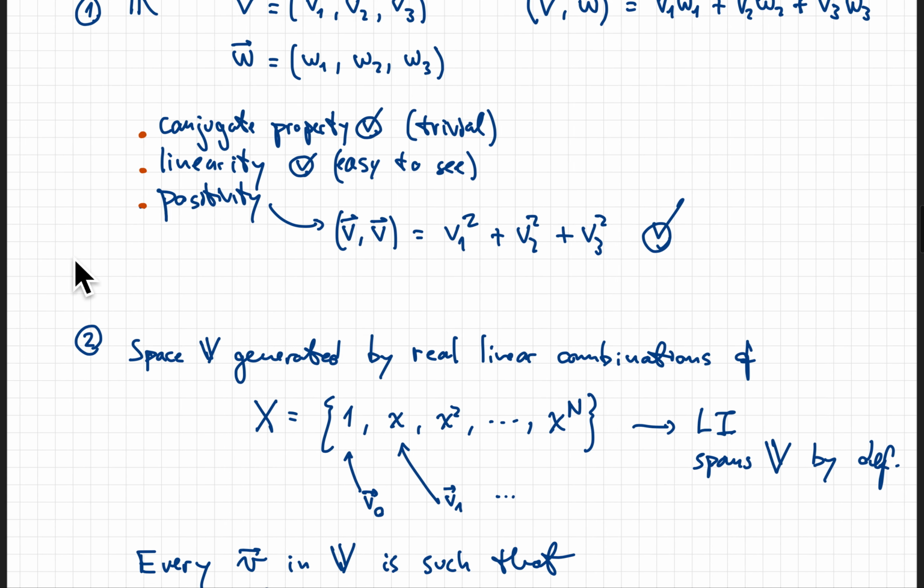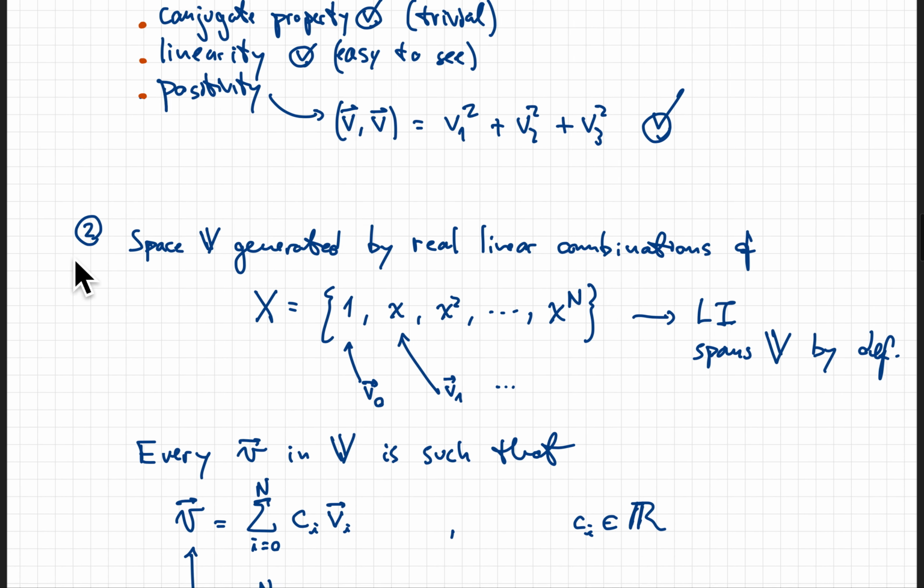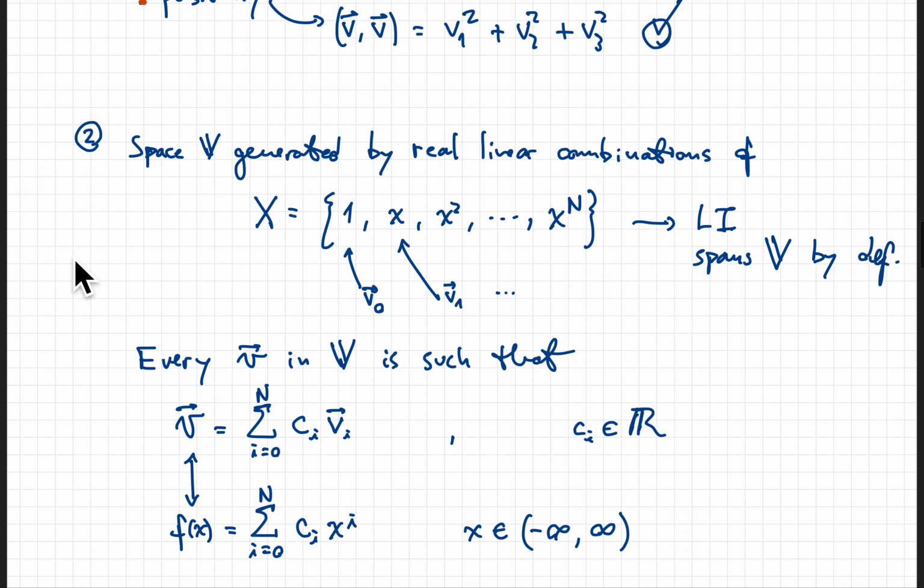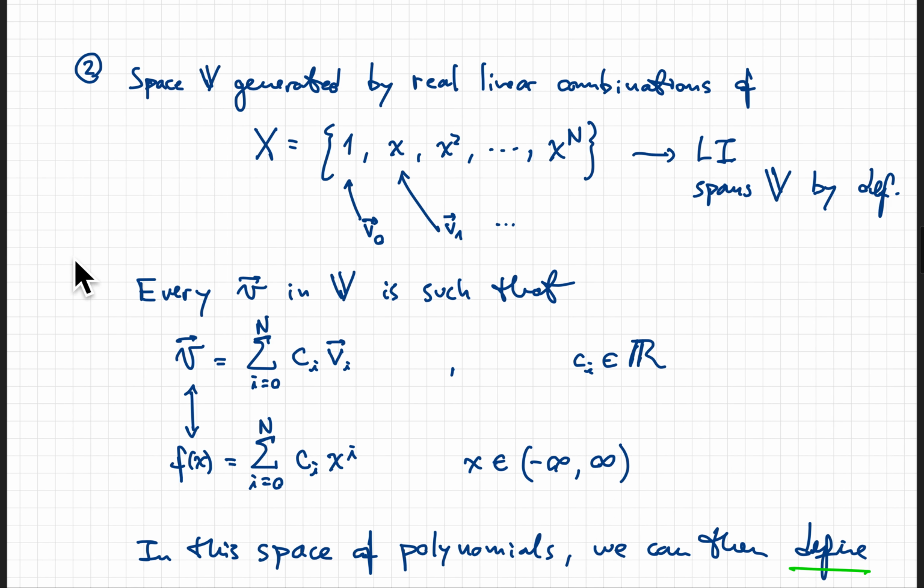A more interesting example that's very important in physics is to consider what happens when the space in question is generated by functions. Here we're considering real linear combinations of these functions. These are what we call monomials. Imagine then that we have all possible linear combinations of these objects considered as vectors.